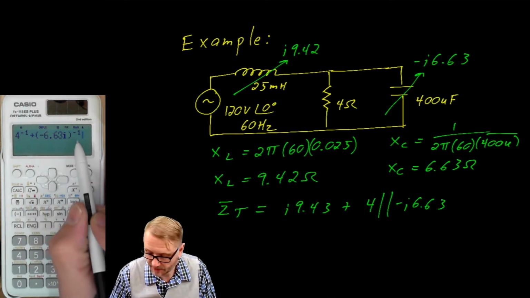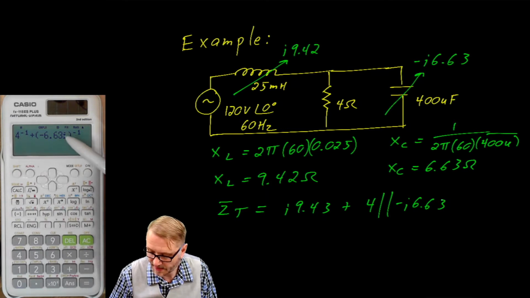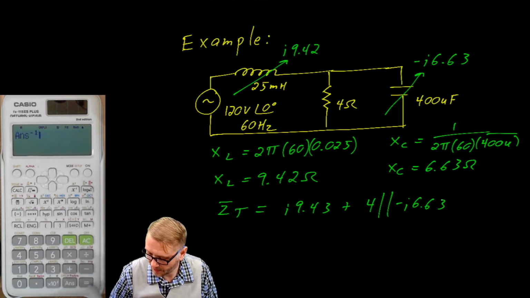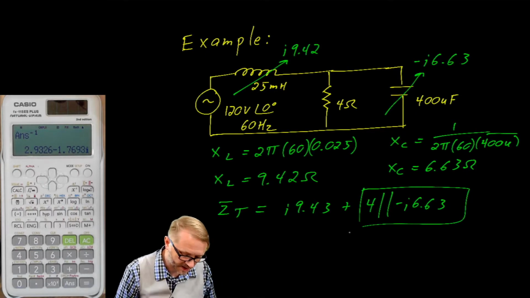Remember, it must look like this in the calculator. Often folks will take this negative 1 and move it inside the parentheses, which gives the incorrect answer. Anyway, equals, invert, equals. So that takes care of this piece.